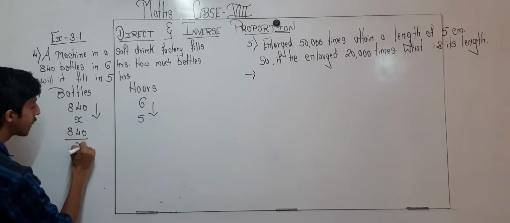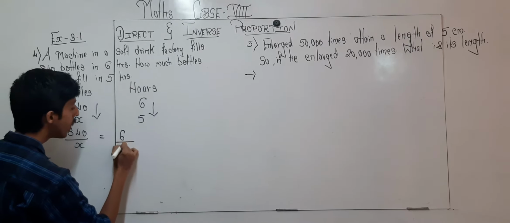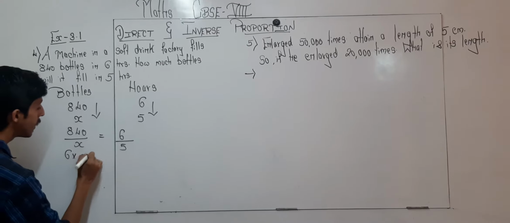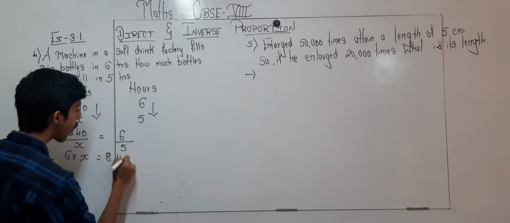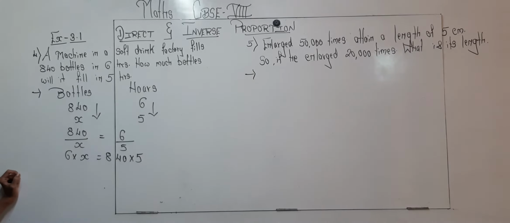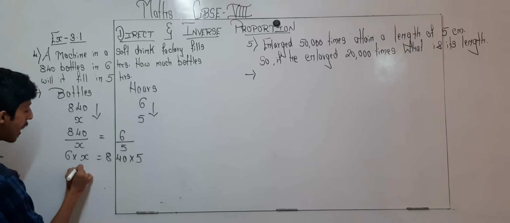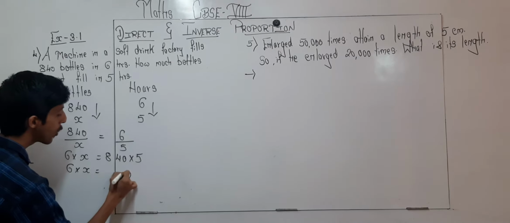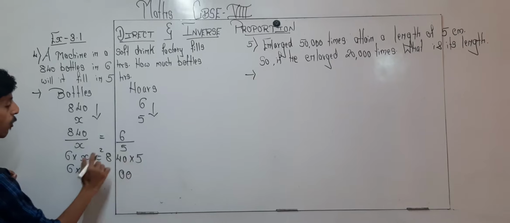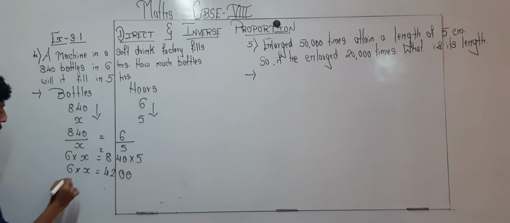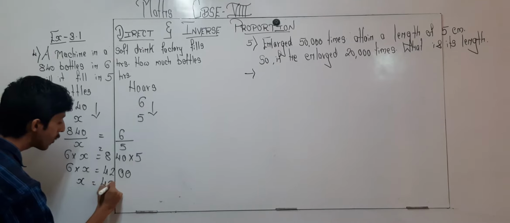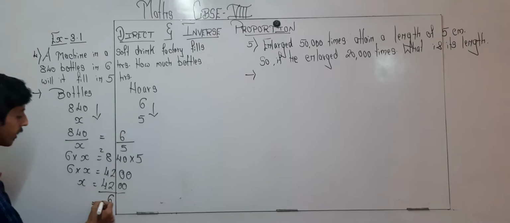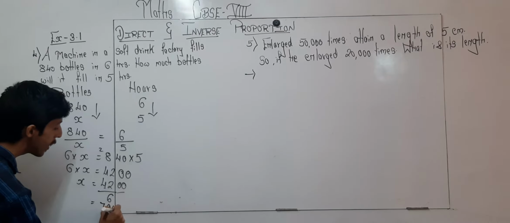So over here 840 upon x will be equal to 6 upon 5. Now again with the same, multiply: 6 into x will be equal to 840 multiplied by 5. 5 zeros are 0, 5 fours are 20, 2 carry, and 42. So x will be equal to 4200 divided by 6, that is 700 bottles.